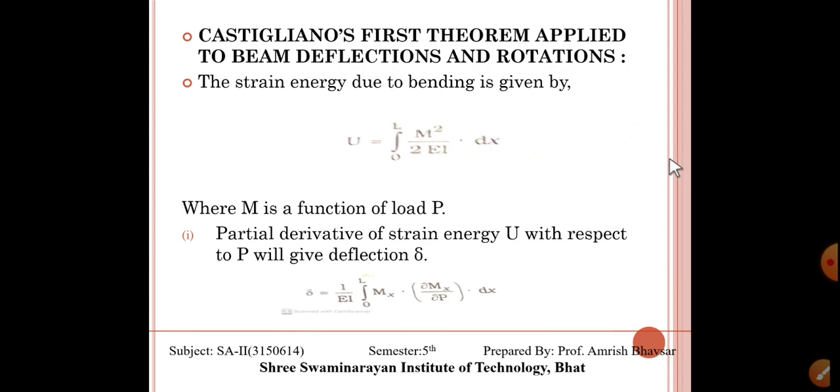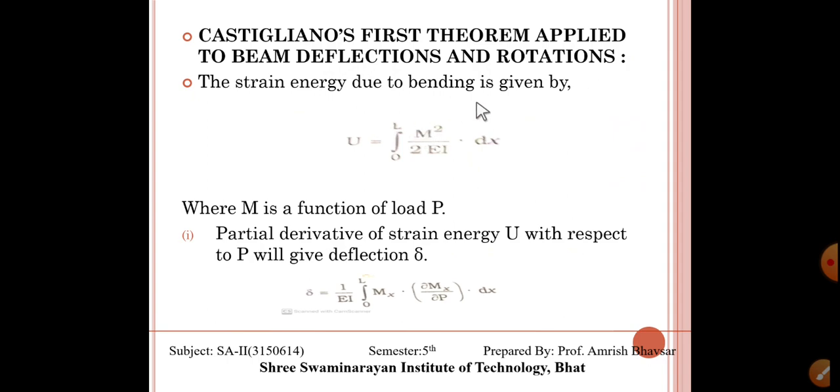Okay. So we have this equation which is used for finding out the slope and deflection, and from that we will get our final equation, how it works for our particular beam element.